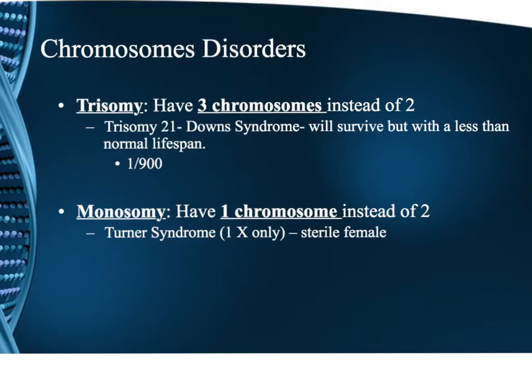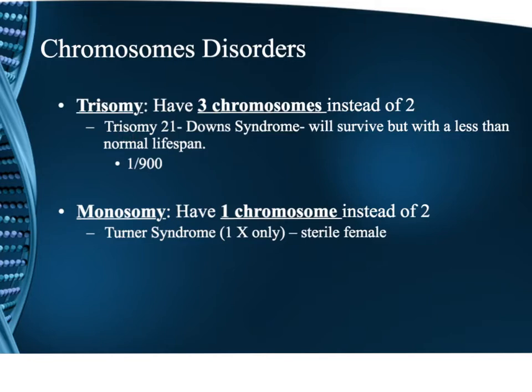So what you see on this first example is something we call trisomy. I've heard it pronounced trisomy or trisomy. I kind of tend to say trisomy because it sounds like chromosome. But trisomy is a disorder where you have 3 chromosomes instead of your normal 2 at each spot. Now, trisomy 21 means that instead of 2 21st chromosomes, some person would have a third 21st chromosome.